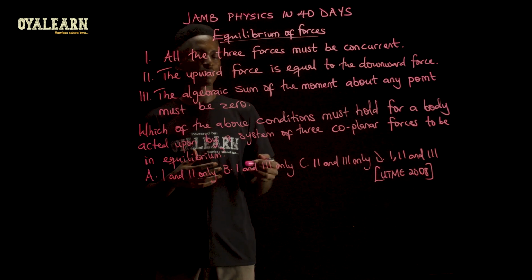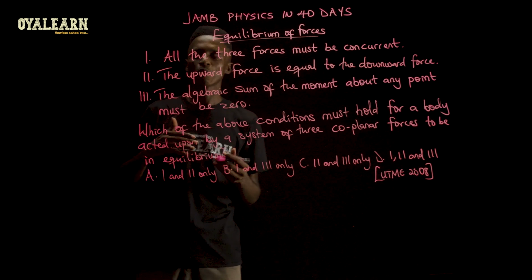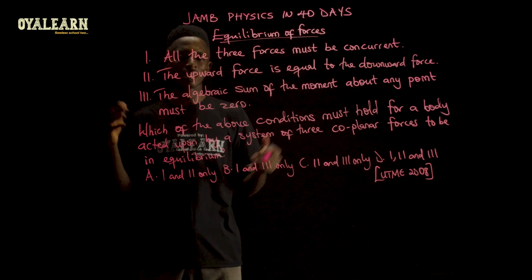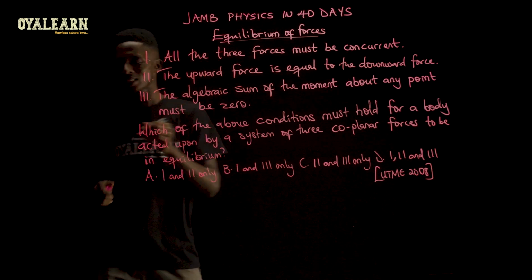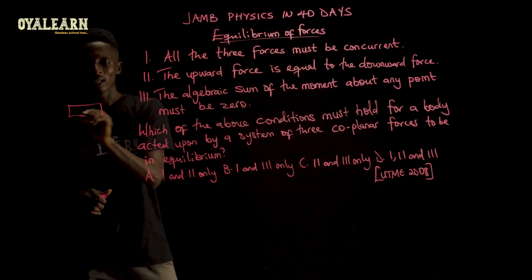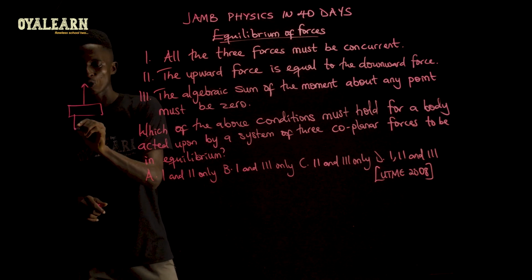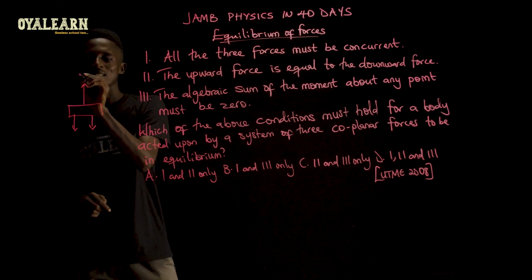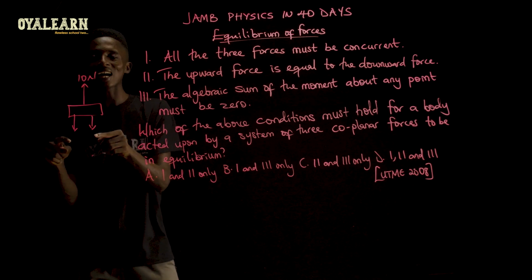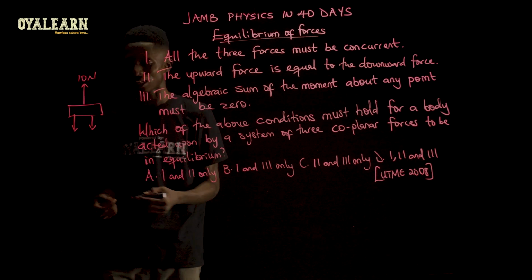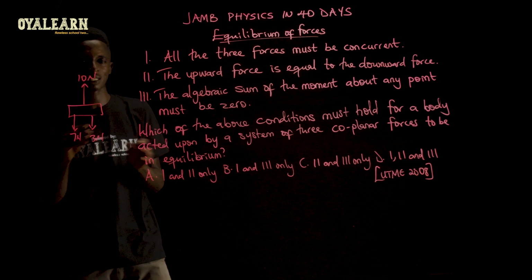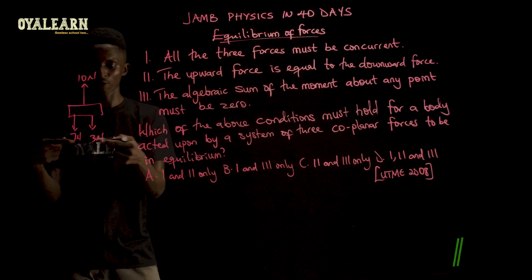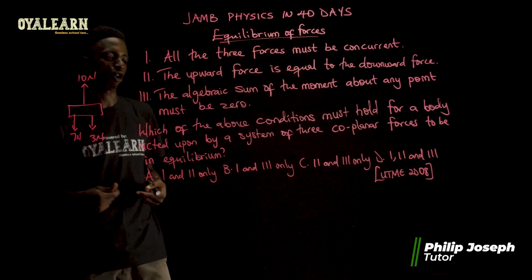In this case, since there are three forces, if one is acting in one direction and two in the other, the sum of those two must give you what that one is. If this is the object here, and one of the forces is going up and two down like this, if this is 10 newtons, then these have to give you a sum of 10 newtons as well. So it can be 7 and 3 newtons, it can be 5 and 5 newtons, it doesn't really matter. They just have to sum up to give you what you have up.